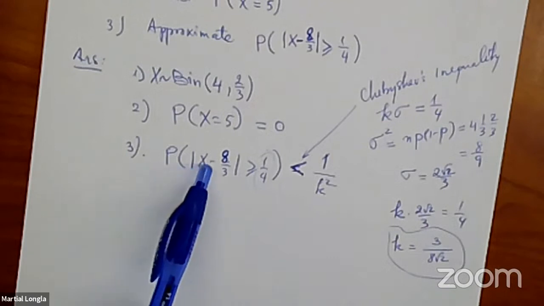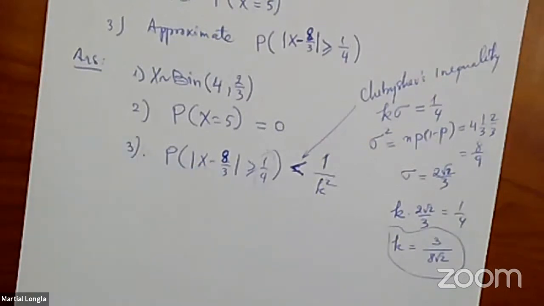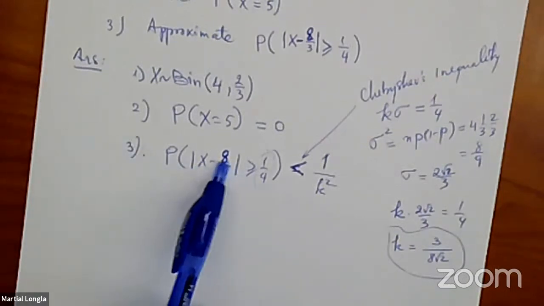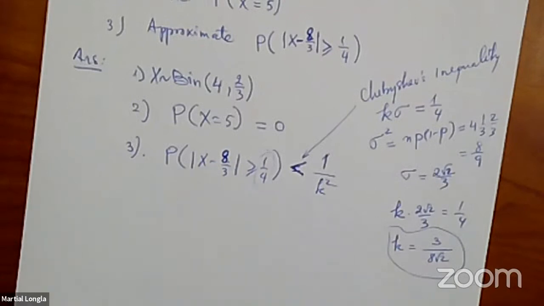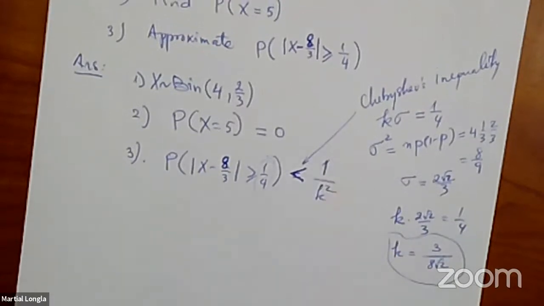The values here are 1, 2, 3, 4, and you're comparing the difference to 1/4. Too small. That's why the upper bound that you get here is a number that is even larger than 1, so it's useless.